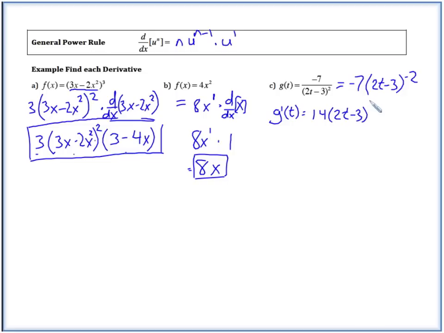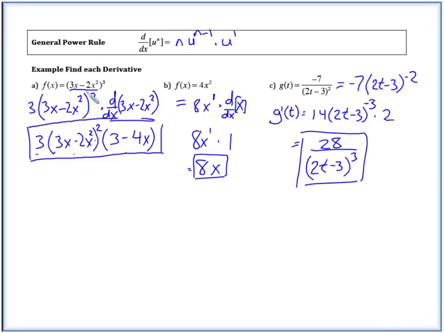That'll be to the negative third, because we subtracted 1. And then times the derivative of the inside. Now we'll just do this all at once. So the derivative of the inside is 2. And then we're going to want to simplify here. So 14 times 2 is 28. And then we're going to take our negative exponent and flip it into the denominator. And there is our derivative.